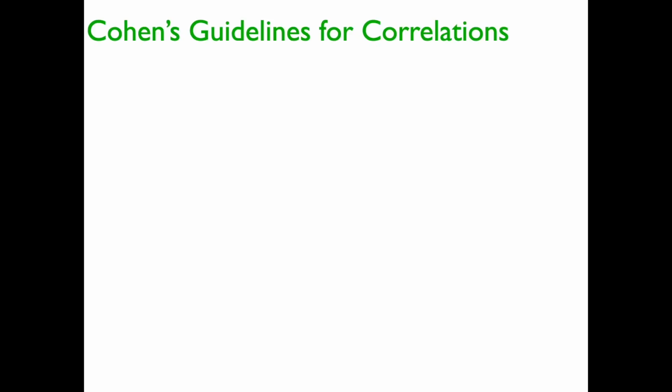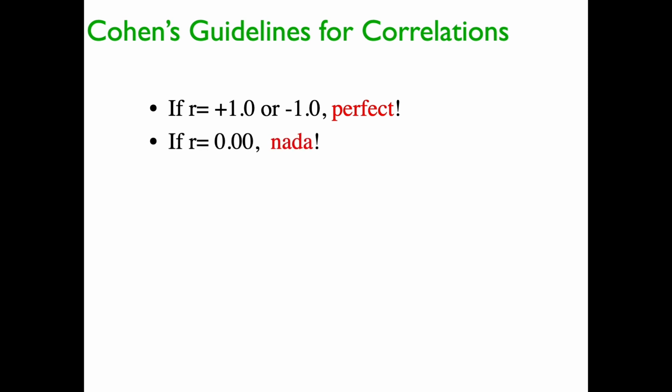So if you look at Cohen, who did a lot of the work on effect sizes, and look at our guides for correlation, if you end up with an R of 1.0 or minus 1.0, that's a perfect relationship between the two variables. If R is 0, there's no relationship between your two variables.